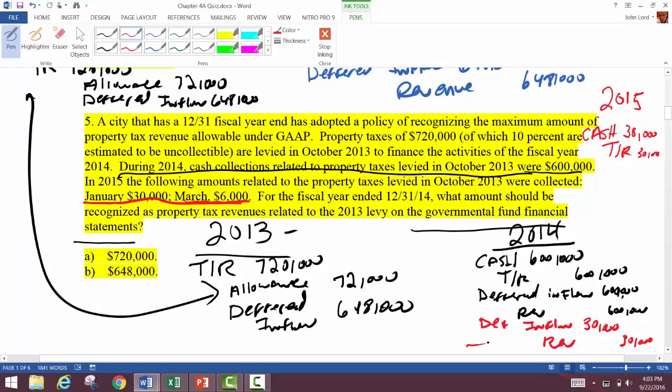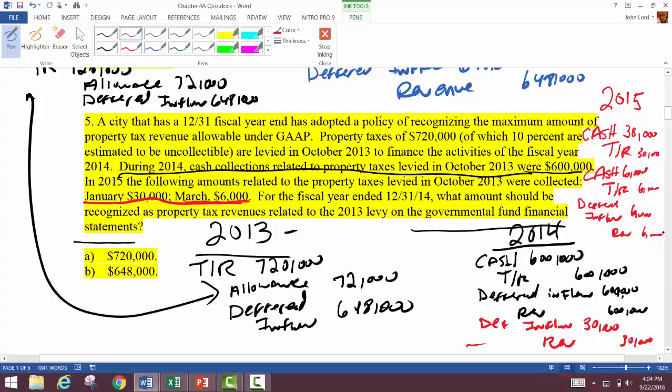What do you want me to do with this 6,000 now in March? I'm going to debit cash for the 6,000 and credit taxes receivable for the 6,000. With me so far? And now I can debit deferred inflow for this additional 6,000 and credit revenue for 6,000.